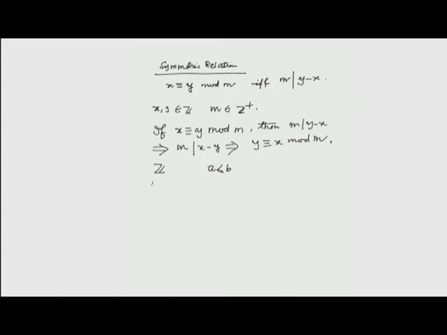Now, suppose we have a less than or equal to b and b less than or equal to a, then of course a is equal to b. Thus, this is an antisymmetric relation.